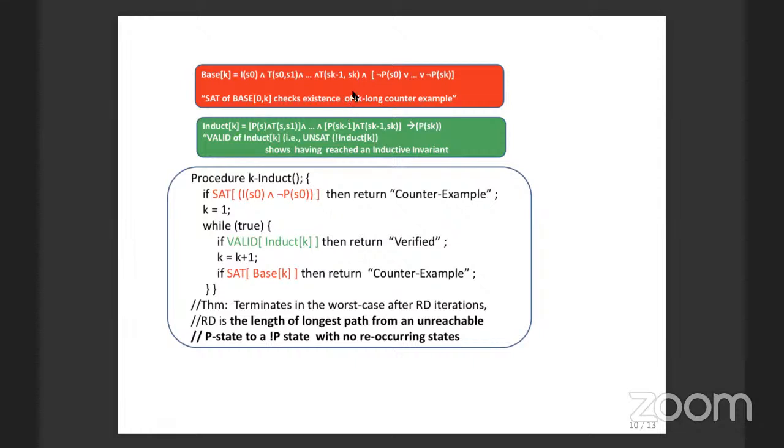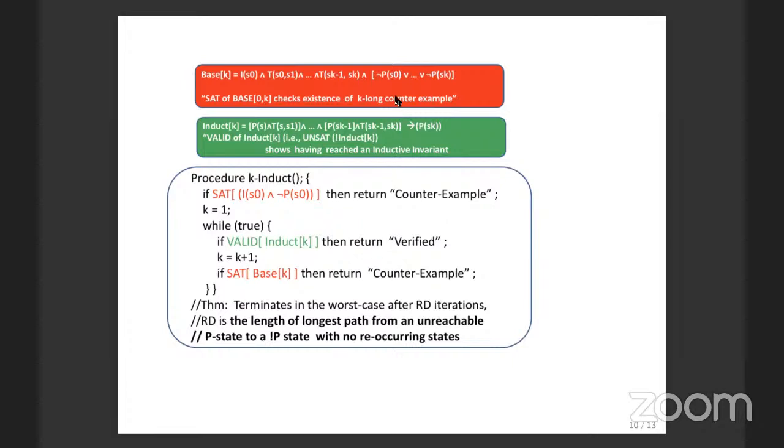If there is no K-long counterexample, let's see if you've reached a fixed point by doing a K-long inductiveness check. So this should actually be the reachable distance from P to a not P state. And that's how it does things.